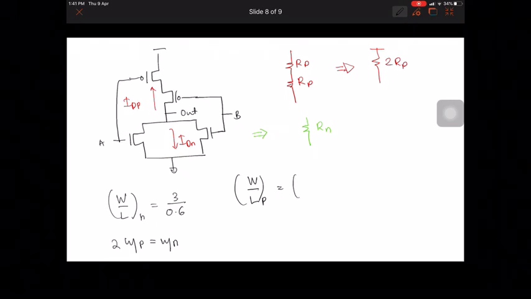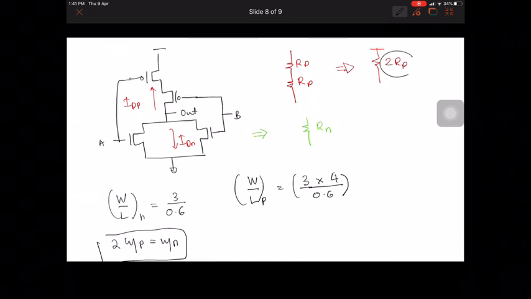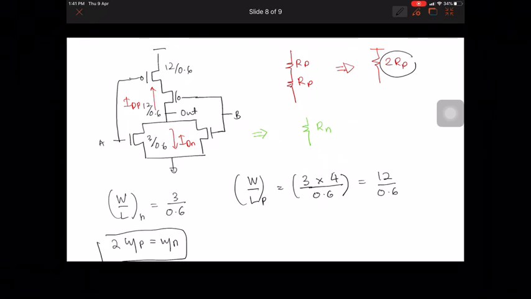Normally you multiply by 2, but here because they are in series, you have to multiply by 4. Multiply by 2 because of mu P and mu N, and another 2 because of the 2Rp. So now the size of the PMOS should be 12 over 0.6. So each one will be 12 over 0.6, and the NMOS are 3 over 0.6, 3 over 0.6.